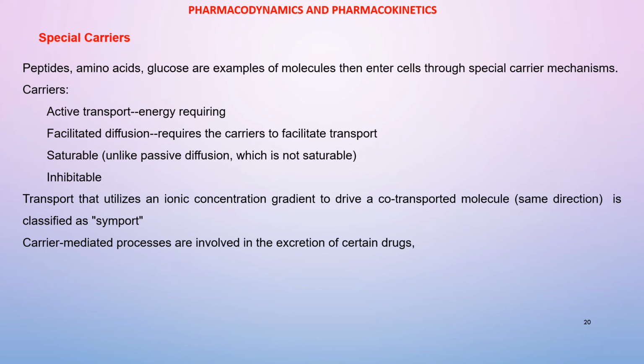Next, permeation of drugs by means of special carriers. Peptides, amino acids, and glucose enter cells through special carrier mechanisms. This could be by means of active transport or facilitated diffusion.